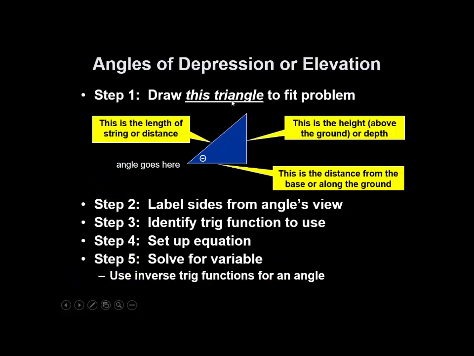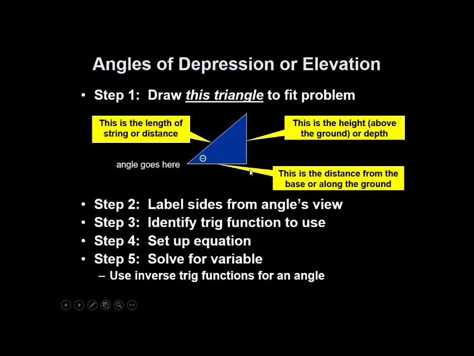So angles of depression or elevation. The first step is to draw a triangle or picture to fit the problem. Remember that this is going to be the length. This is the height above the ground. And then this is the distance or along the base. Most often you'll hear the distance from the base or along the ground. Make sure that you label the sides from the angle's view.